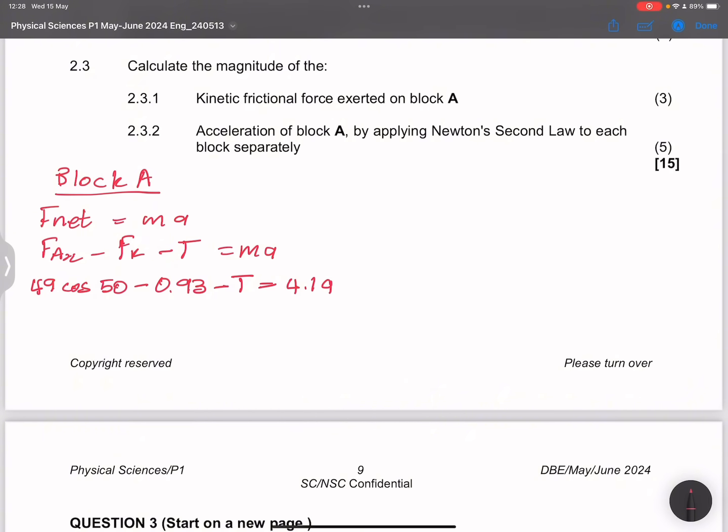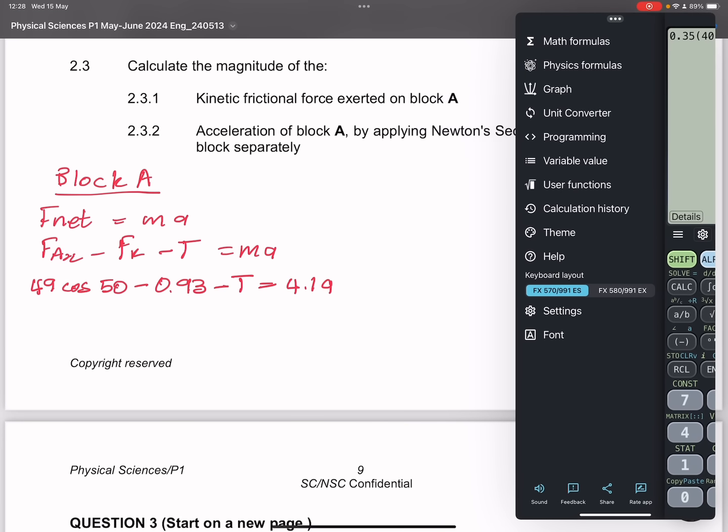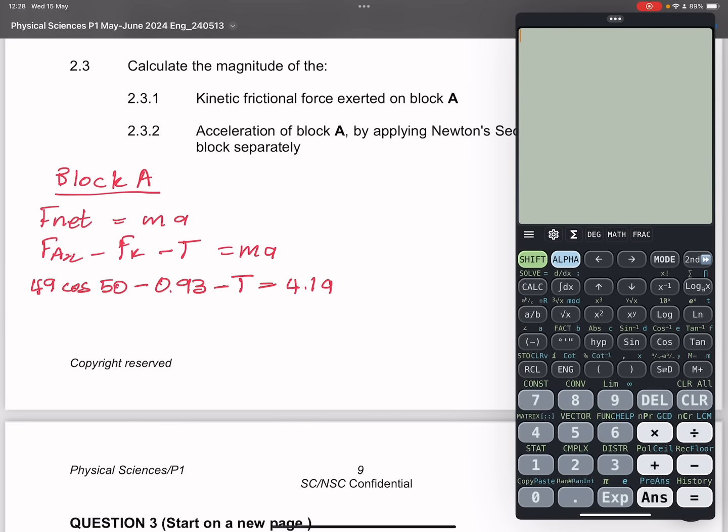We can simplify that as much as we possibly can, and that gives us 49 cos 50 minus 0.93. We get 30.57 minus T, and this is equal to 4.1a.